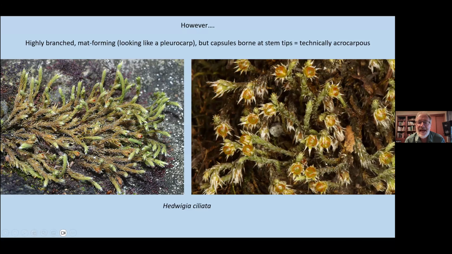Any questions? Yes. So are acrocarpous and pleurocarpous simply an observation, as opposed to something fundamentally about the species and the genetics of the plant?